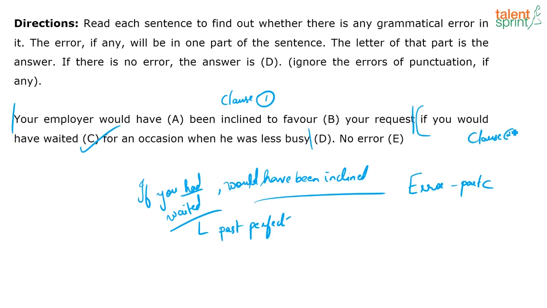It's a complete thought. So when the clauses interchange, don't get confused. You can't always go by, okay, whenever there is a hypothetical sentence and it starts with if, I always have to look at part A being where the error is. No. In this context, it's part C. So you change you would have waited to if you had waited.